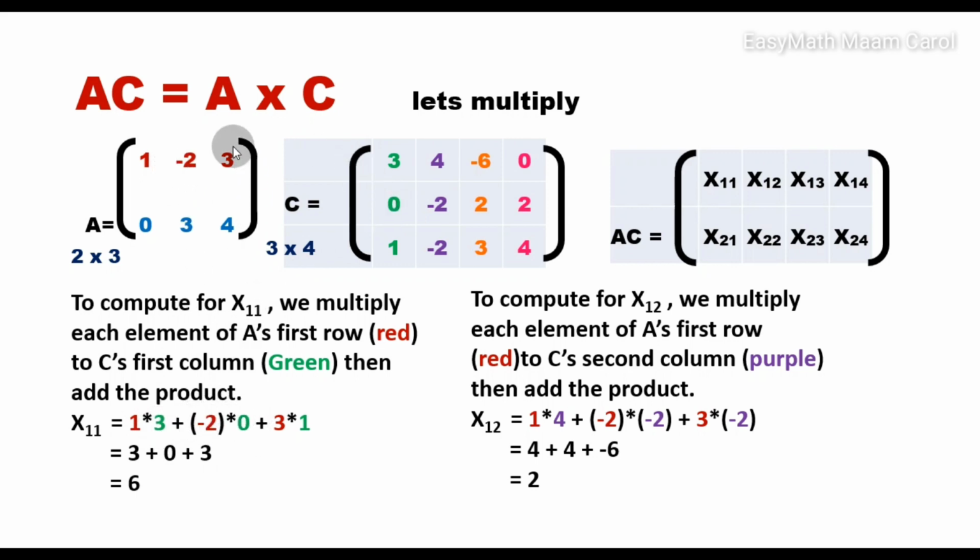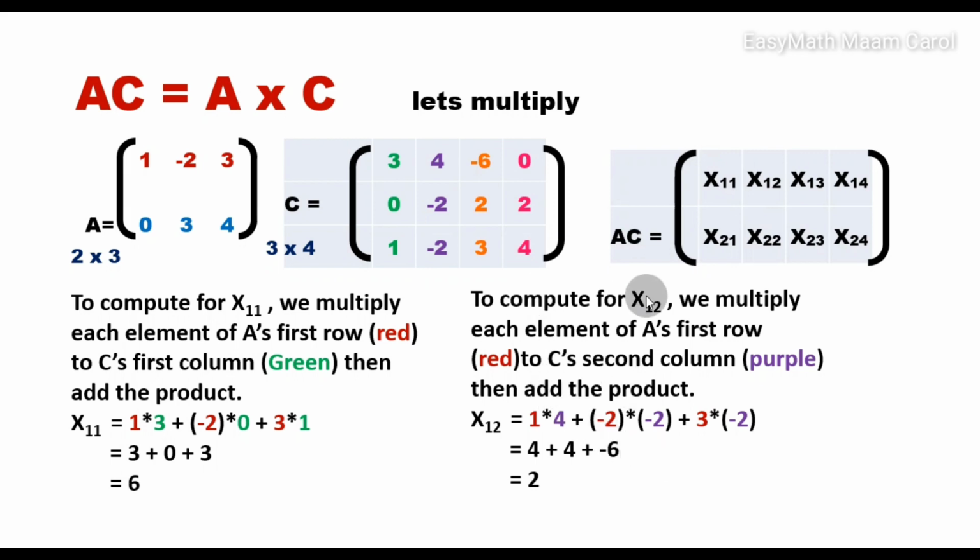And then, yung 3, multiply mo sa 1. Sana malinaw sa inyo. 1 by 3, negative 2 by 0, 3 by 1. So, the product of this is 3. The product for this is 0. And the product for this is 3. Then, finally, add mo. So, 3 plus 0 plus 3 is 6. So, itong 6 na to, mamaya, yun yung ipapalit mo dun sa x11.